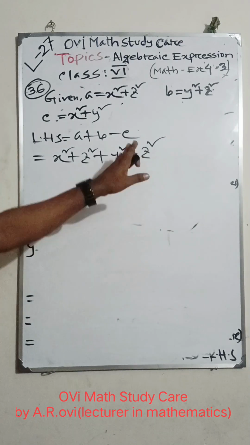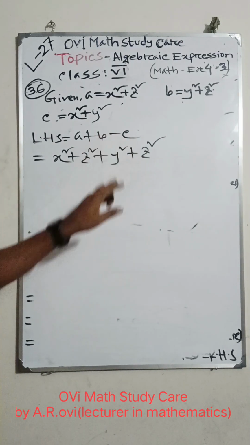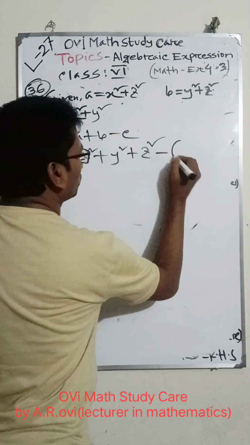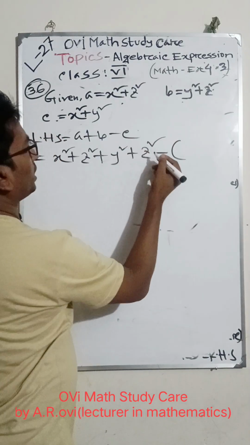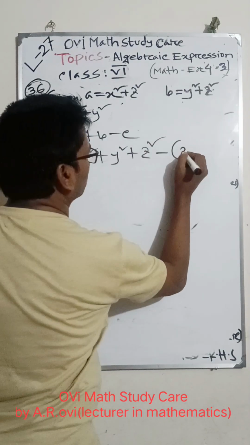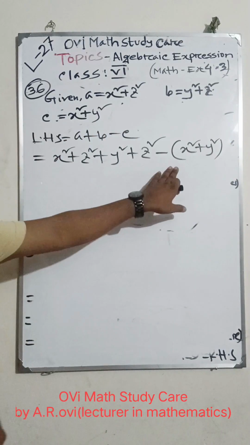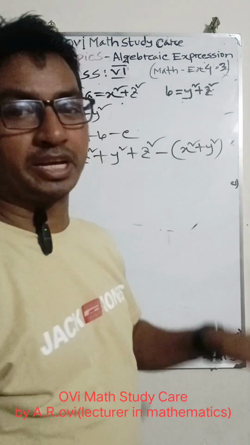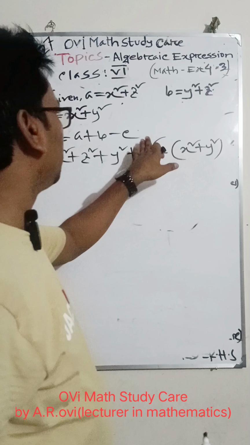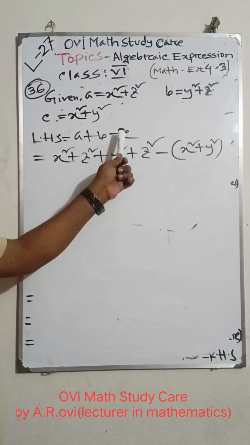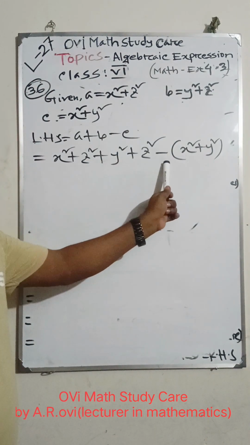But student, notice that here is the minus sign, so you should use a bracket before the c term, c equal to x square plus y square. Why do I write the bracket before the c term? Because this is the minus sign.